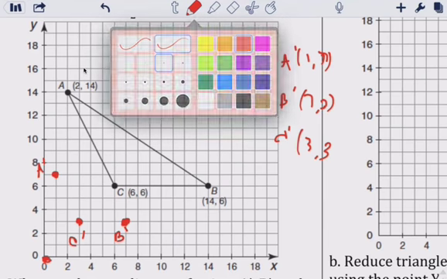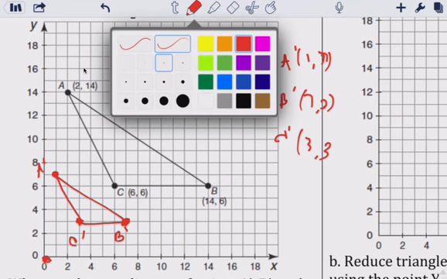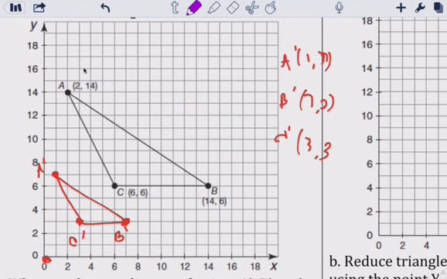That shape should be half the size of the big one. This is called reduction. It's less than 1. 1 is the original, and because it's less than that, it's a reduction.